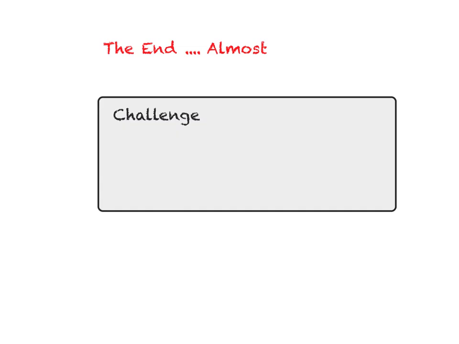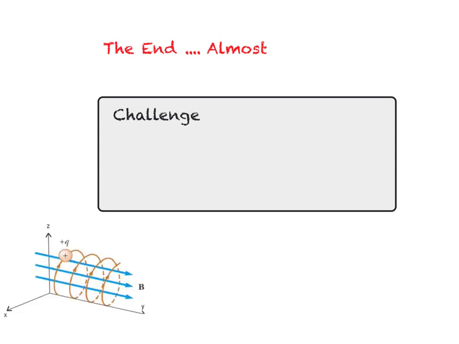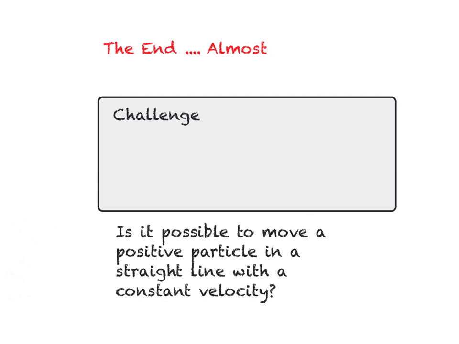So to end this video, I'm going to present you a challenge that will be answered in the next one. Do you think it's possible to have a charged particle, let's say a positively charged particle, move through this magnetic field, but not helix as it moves? In other words, is it possible to move it in a straight line at a constant velocity?